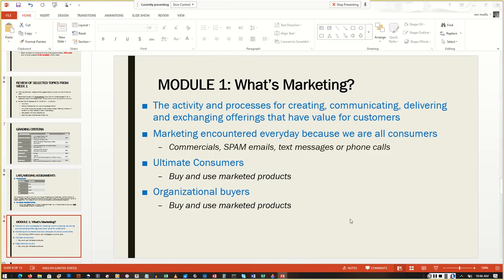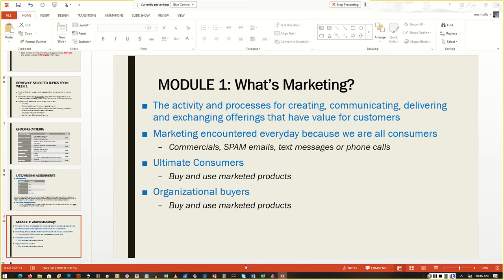So now we're going to discuss what marketing is. The technical definition of marketing is the activity and processes for creating, communicating, delivering, and exchanging offerings that provide value for customers.